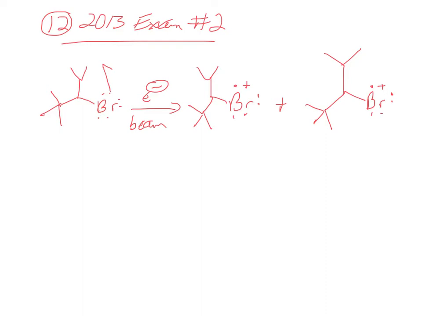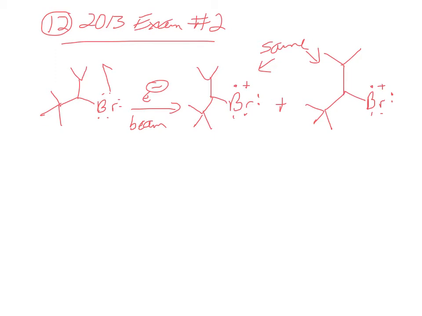All right, so we draw the same thing. These are the same. In one part, we're asked to do alpha cleavage. So we give you the product of two different alpha cleavages.